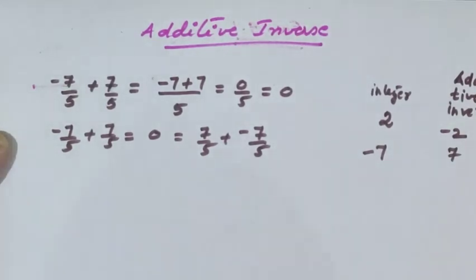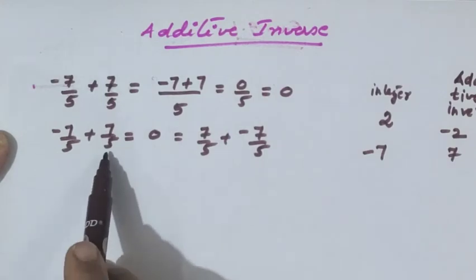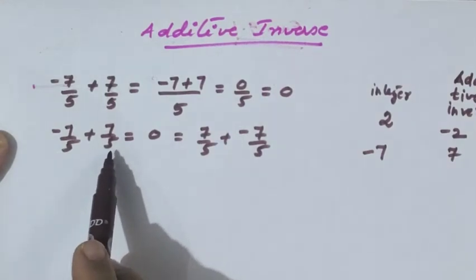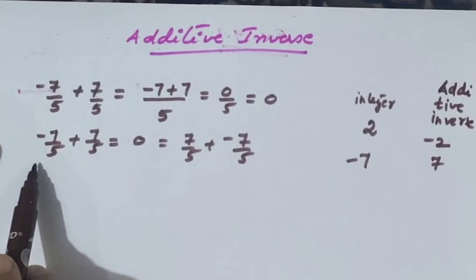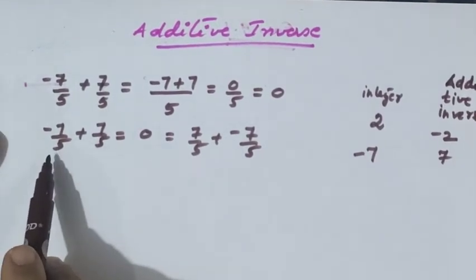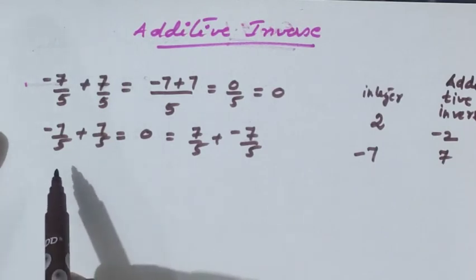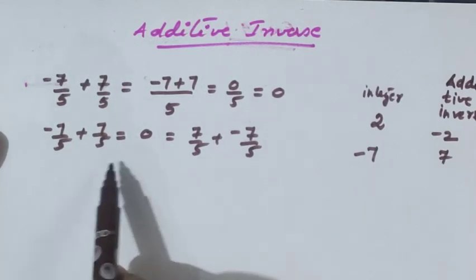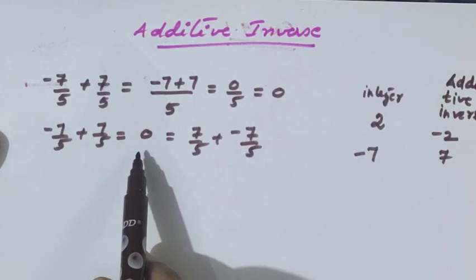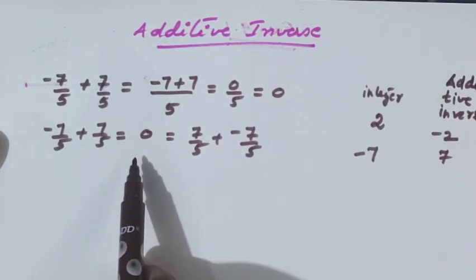The same we are extending for rational numbers also. That means we can say that 7 by 5 is the additive inverse of minus 7 by 5, and minus 7 by 5 is the additive inverse of 7 by 5. Now when you add a number and its additive inverse, you are going to get the additive identity, that is 0, right?